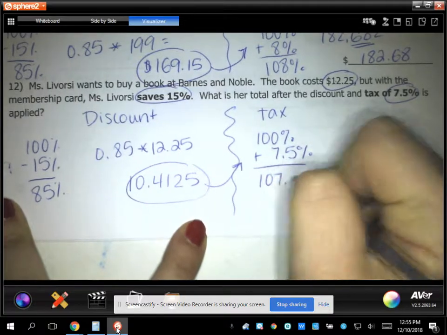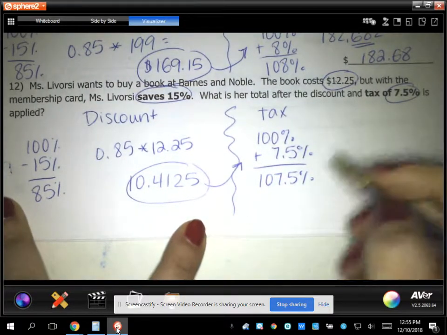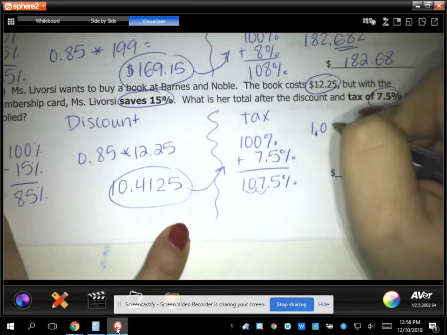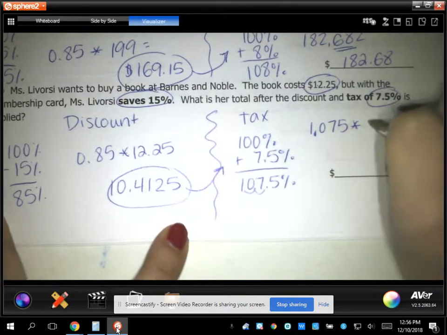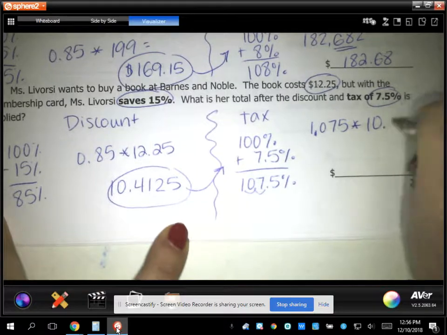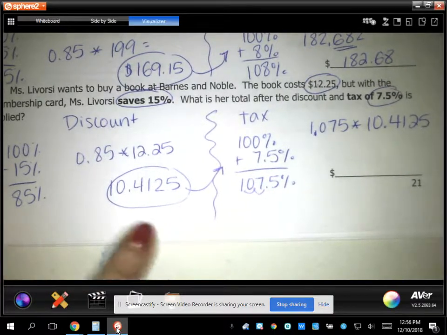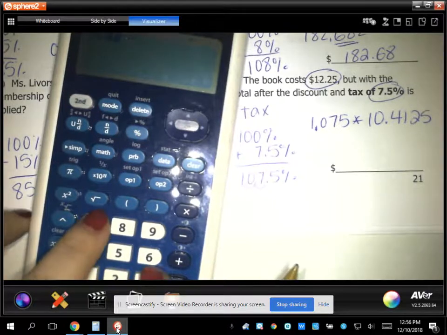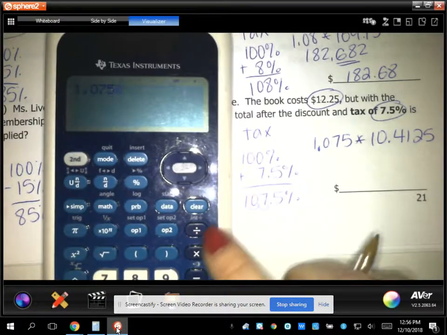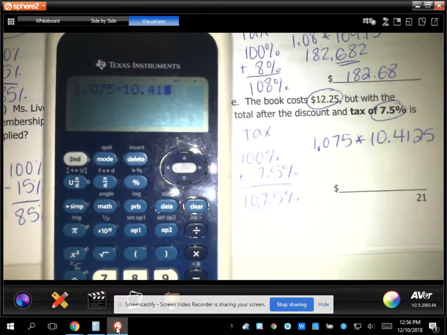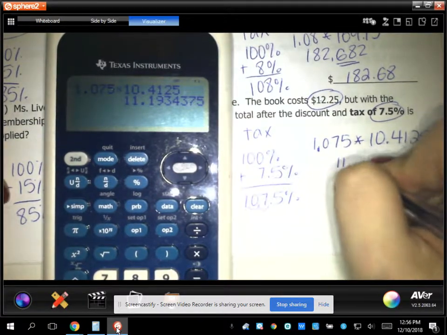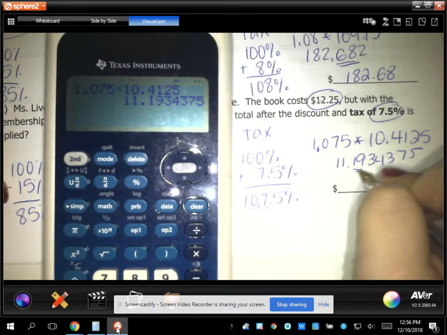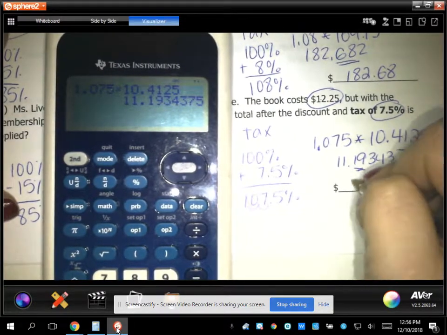So that's 107.5%, which if I move the decimal point over, that's 1.075, and we're going to multiply it by $10.4125. So let's see, 1.075 times 10.4125, and I get 11.1934375, which if I look at the 2 numbers behind the decimal, I know that this should be $11.19.